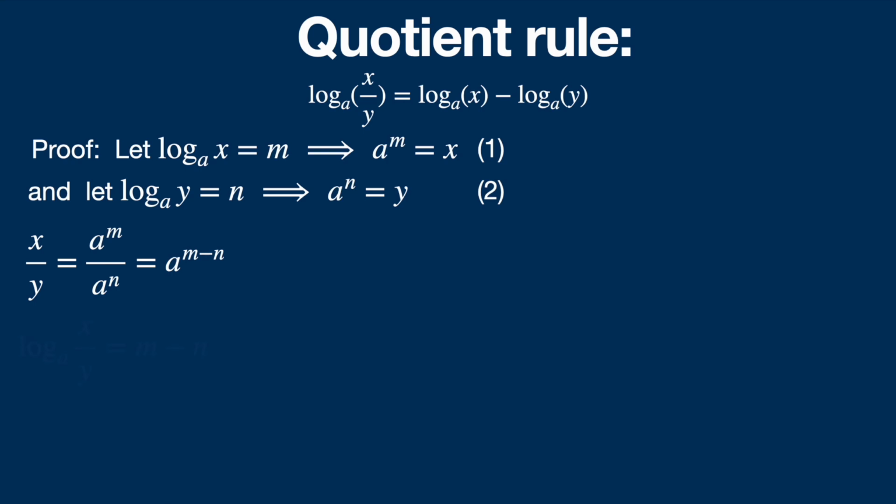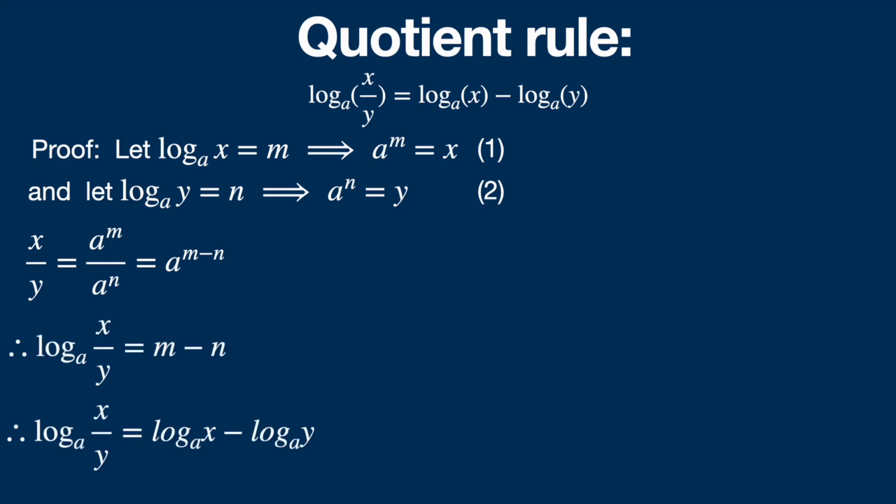Therefore, the log of x over y is equal to m minus n. And using the same results as last time, we get the log of x over y in base a is equal to the log of x in base a minus the log of y in base a.